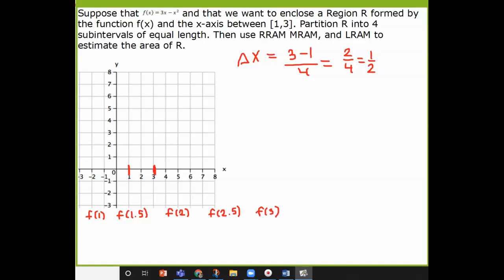So for f of 1, you'd have 3 minus 1, which is 2. So that means at f of 1, my parabola has a height of 2. For 1.5, you would have to take 3 times 1.5, which is 4.5, minus 1.5 squared, and we get 2.25.